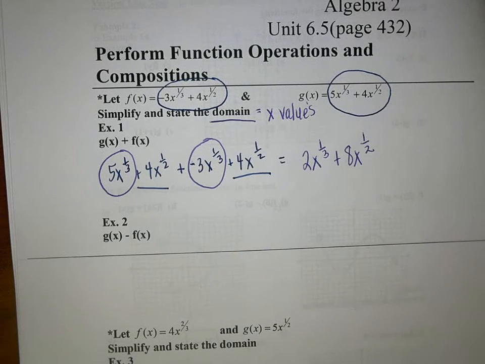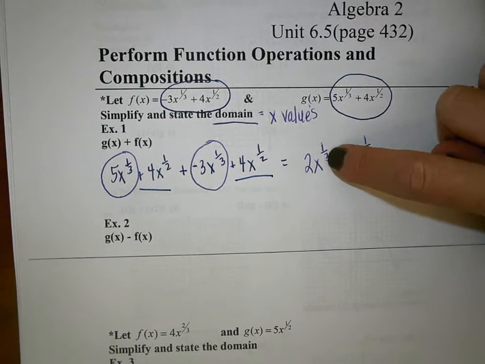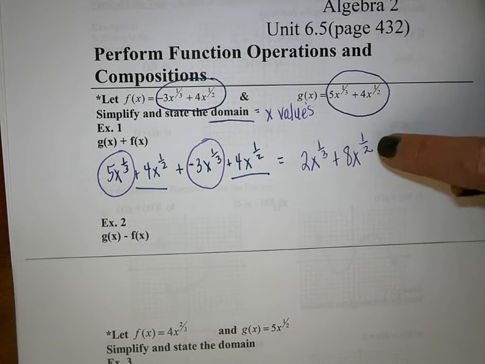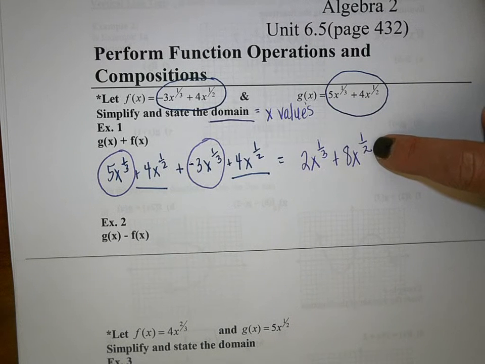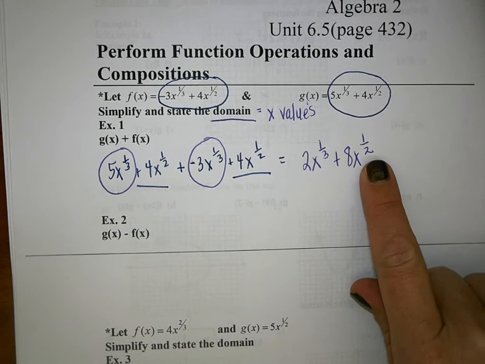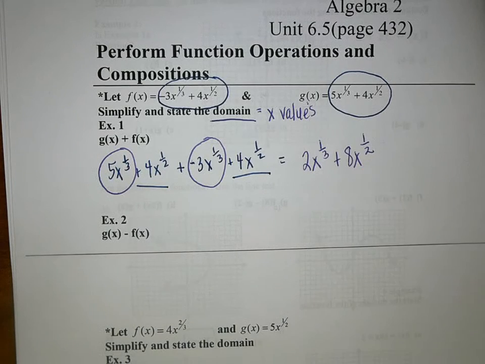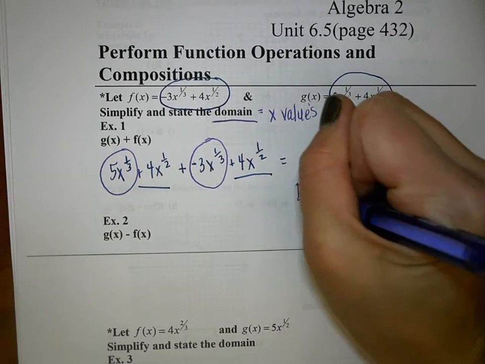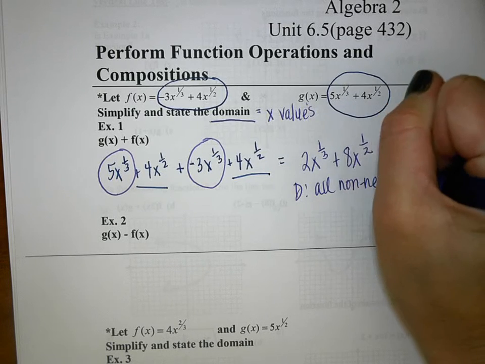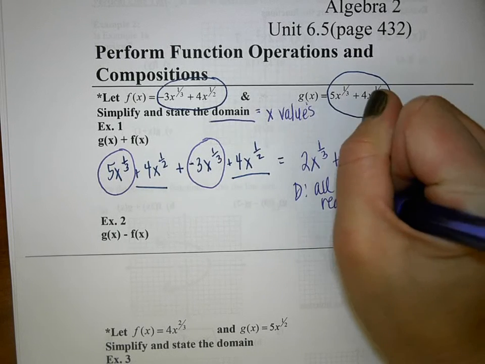If you're plugging in x here, and this is a cubed root, it really could be positive or negative numbers. But for an even root, it can't be negative numbers because that will give us an i, an imaginary number. So for this problem, because we have an even root, our domain can only be all non-negative real numbers.